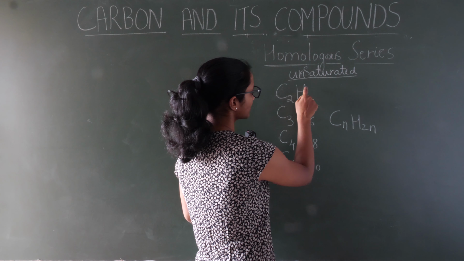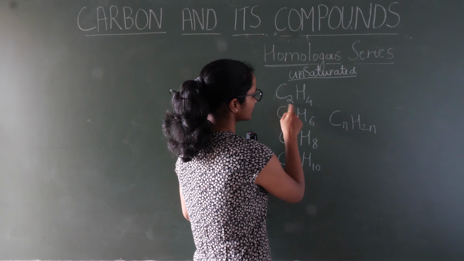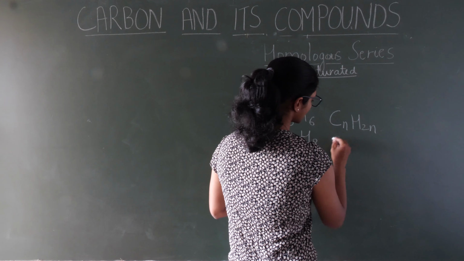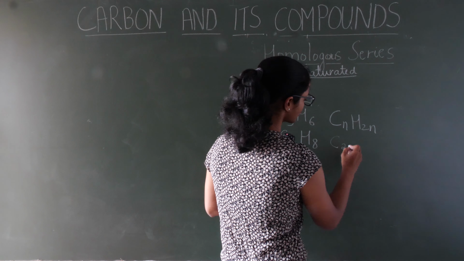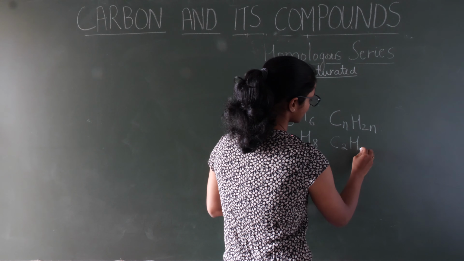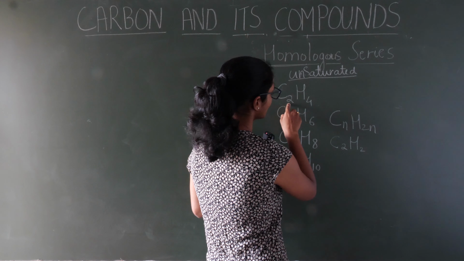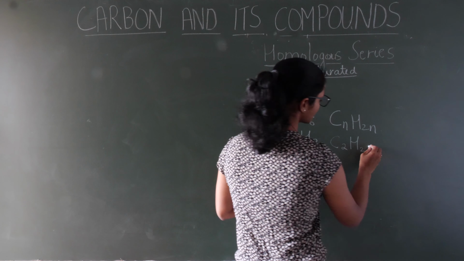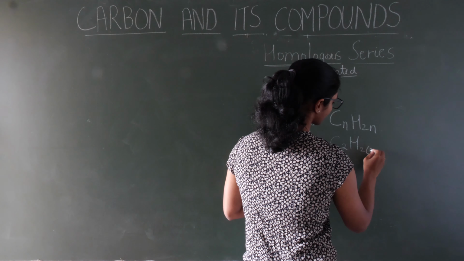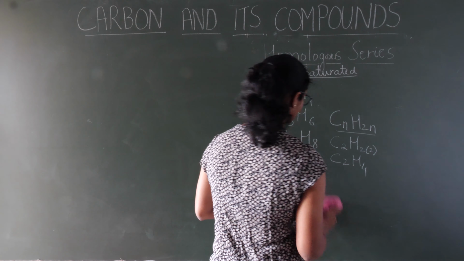So CnH2n. If it is 2 carbon atoms, then it is 2H2, and put the same number 2. So it's C2H4. So this is the formula for unsaturated double bonded compounds.